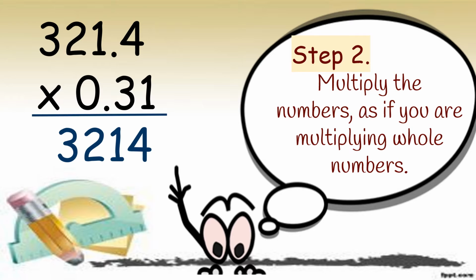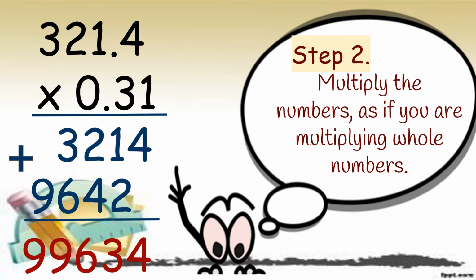And then the second number is 3. Multiply it to the numbers 4, 1, 2, and 3, and we have 9, 6, 9, 3, and then 0. Then we'll add. 4, 1 plus 2, 2 plus 4, 6 plus 3, and 9. Always be cautious of the decimal point.